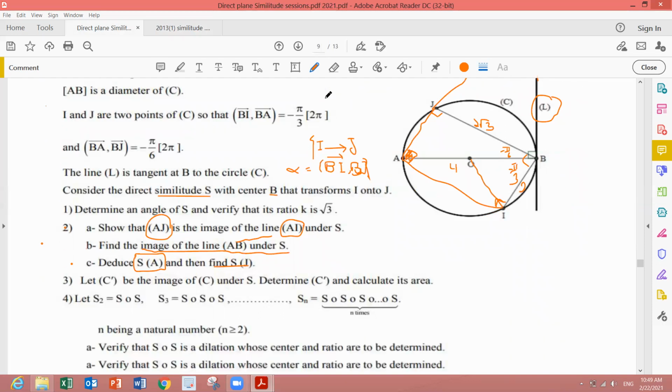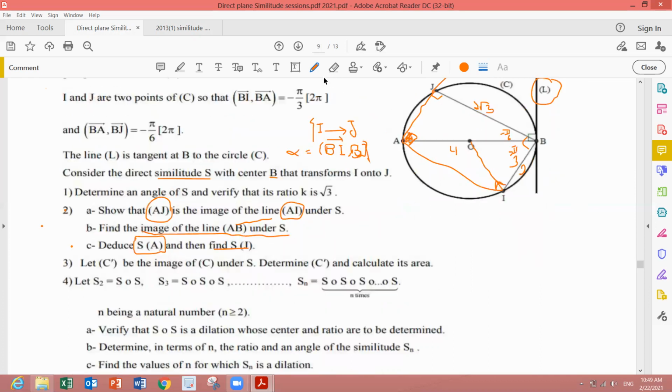Part 3. Let C prime be the image of C under S. Determine C prime and calculate its area. What is the image of the circle by similitude?